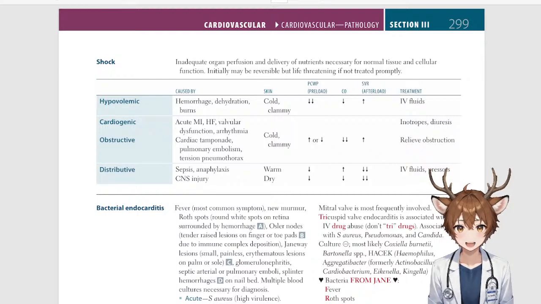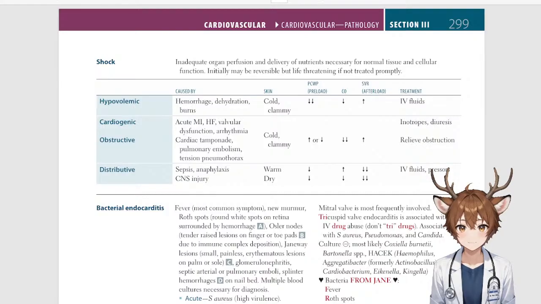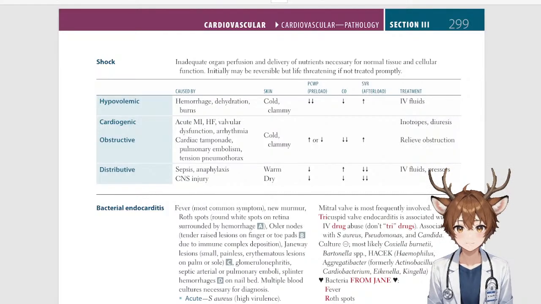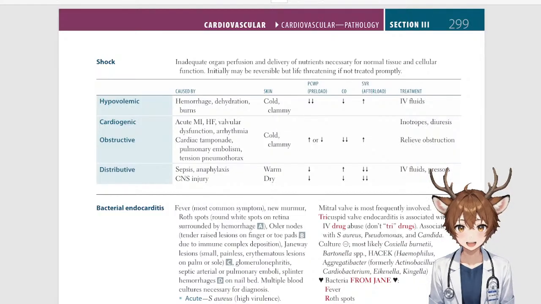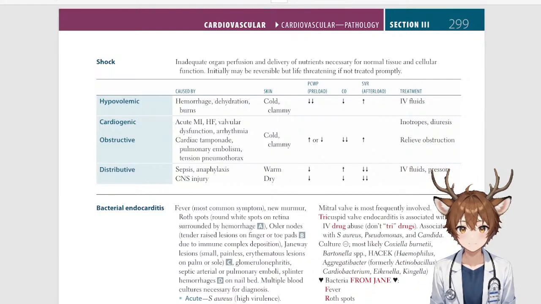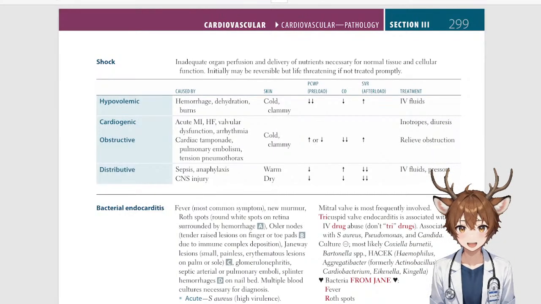Drug-induced long QT, A, B, C, D, E, F plus NO. So A, antiarrhythmics, 1A and 3, arsenic. By the way, arsenic is not one of those two categories of antiarrhythmic, but it does induce it, nevertheless. B, antibiotics, macrolides and fluoroquinolones.